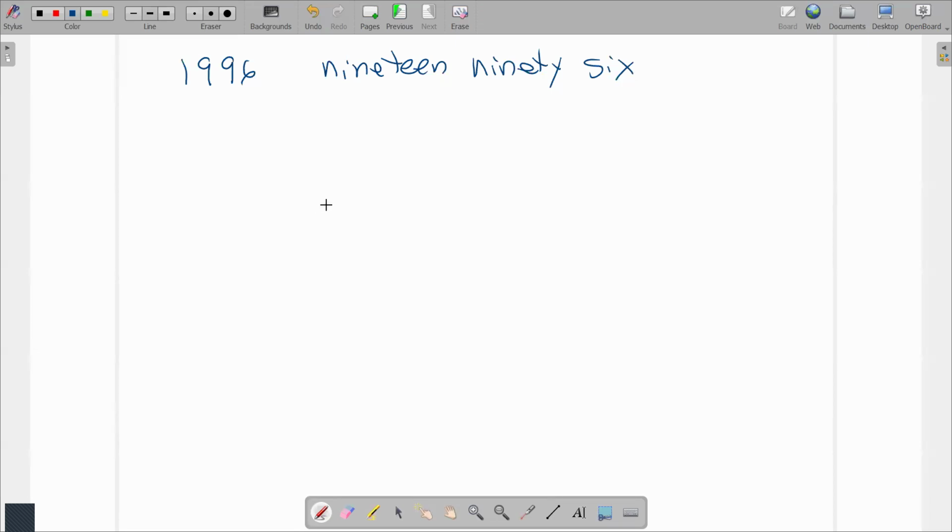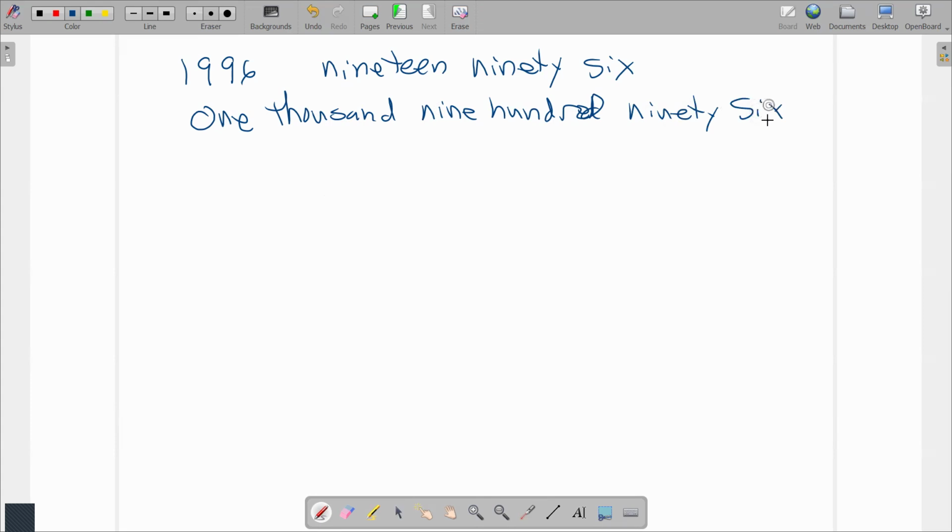But what's the proper way to read it? 1996 is the proper way to read that number, or that numeral. Is 1996 a numeral? It is. Yeah, that's an example of a numeral.